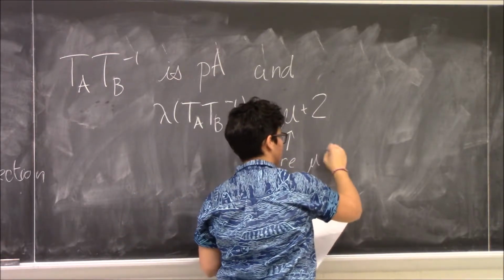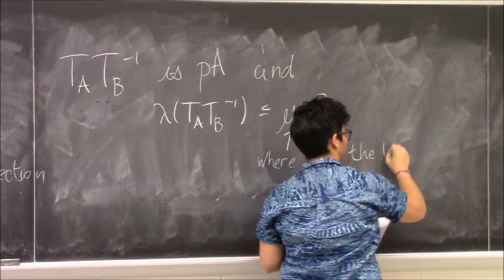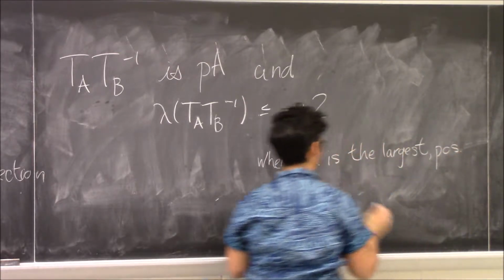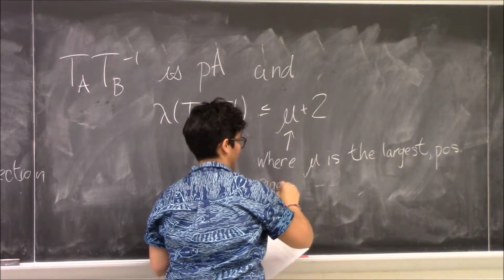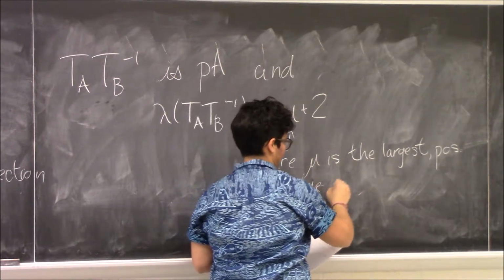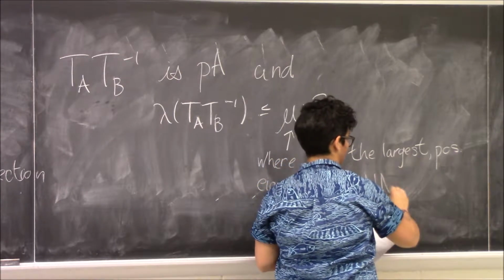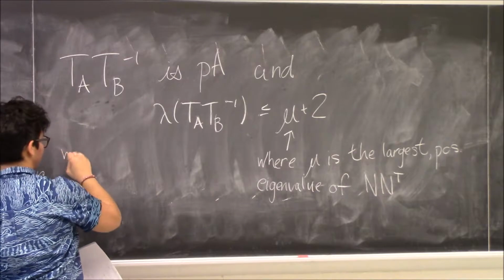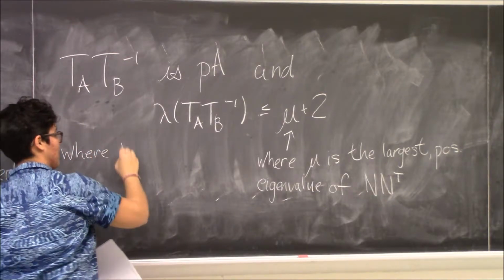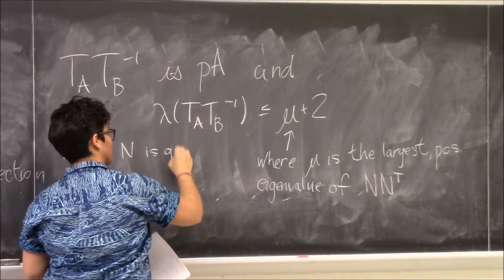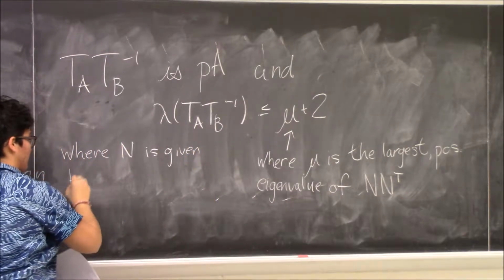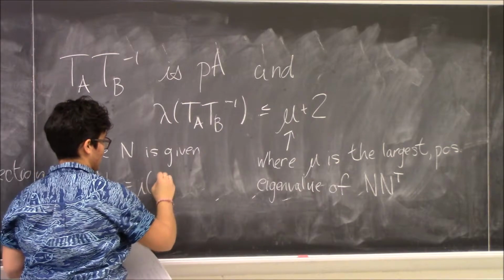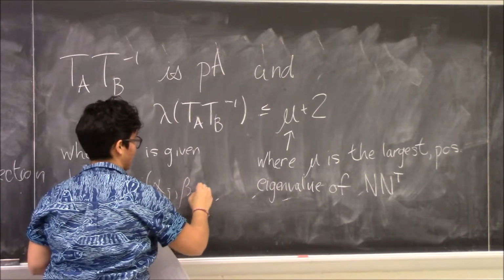Mu is the largest positive eigenvalue of a matrix N N transpose, where I'll say exactly what N is. N is given by defining the ij-th entry of N to be the intersection between our alpha i curve and our beta j curve.